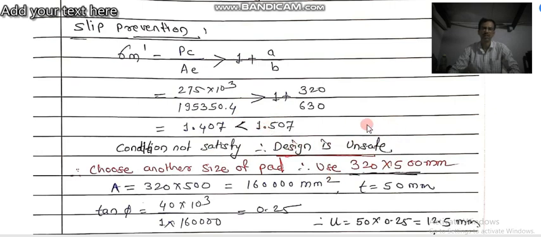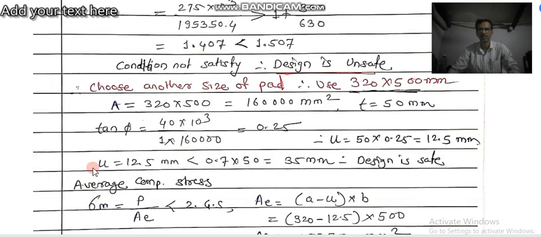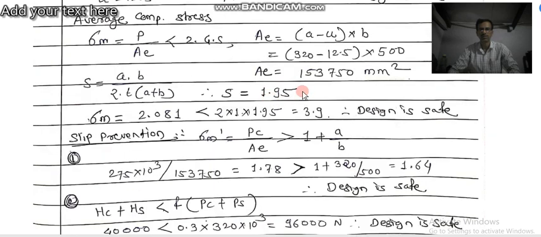So in this condition you have to change the size of the pad, thus this condition is unsafe. So here you have to change the size of the pad and you have to follow all the previous steps. So choose another size of pad, use 320 by 500 mm, thus area changes, tan phi changes, U changes, and go for all these steps.